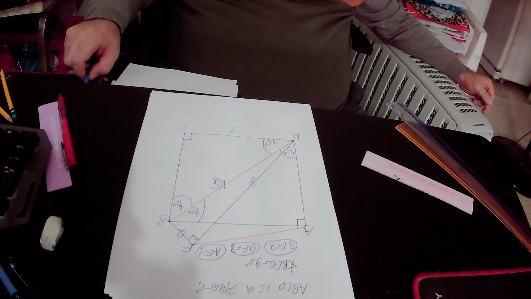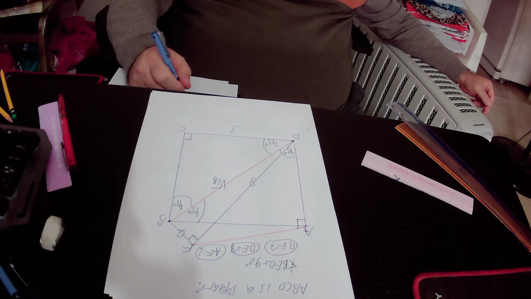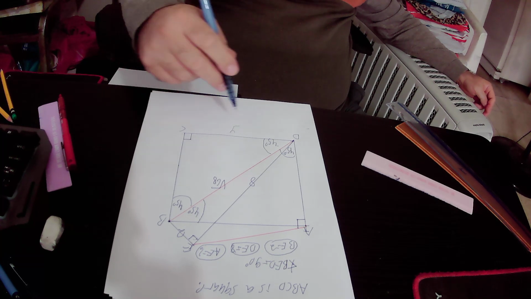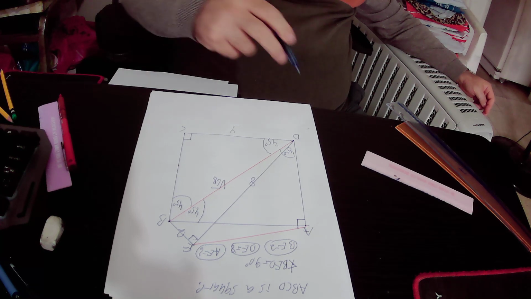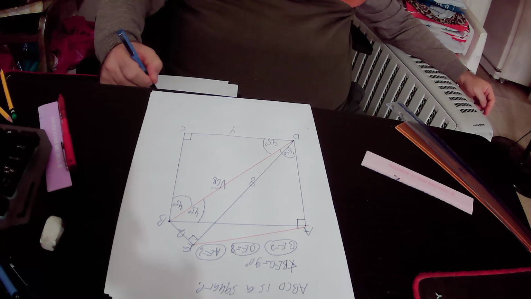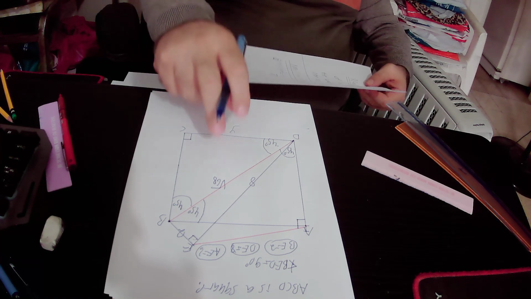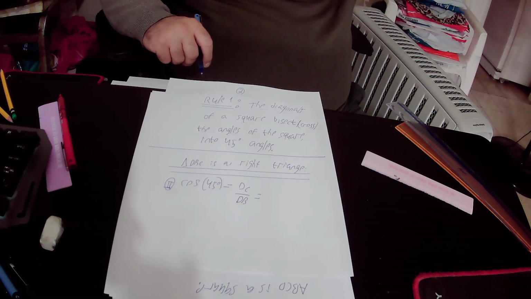And we know that cosine 45 degrees in the right triangle DBC equals DC over DB. I will repeat again. In the right triangle DBC, cosine 45 degrees equals DC over DB.